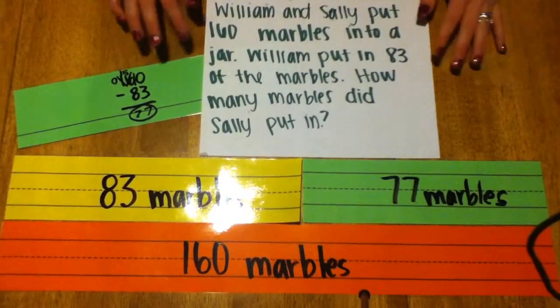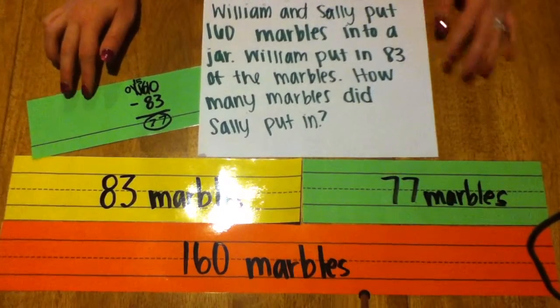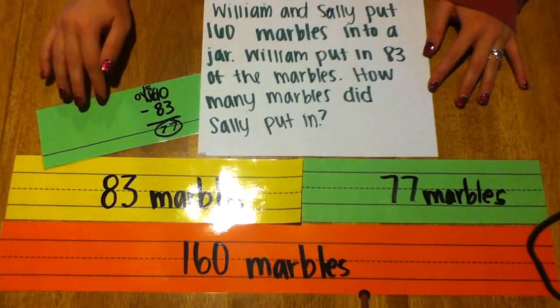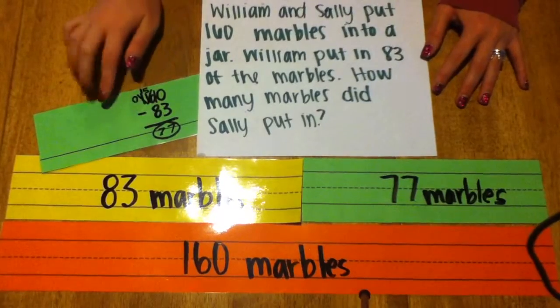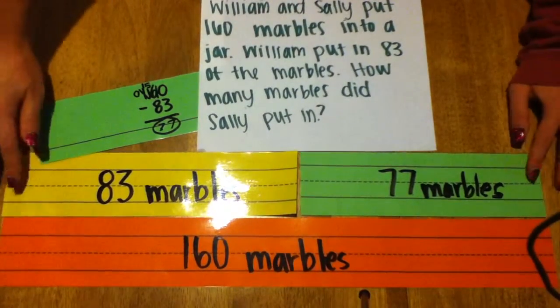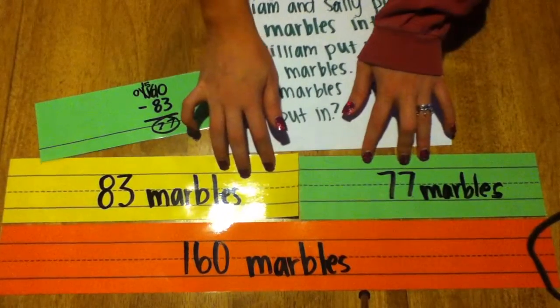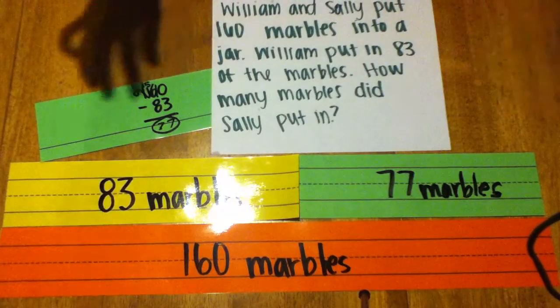So from this problem, we can conclude that Sally put in 77 marbles from the sentence strips. And then in the subtraction problem, we did 160 minus 83, which equals 77. And the orange sentence strip represented 160 marbles, and both of these parts together was William putting in 83 and Sally 77 marbles.